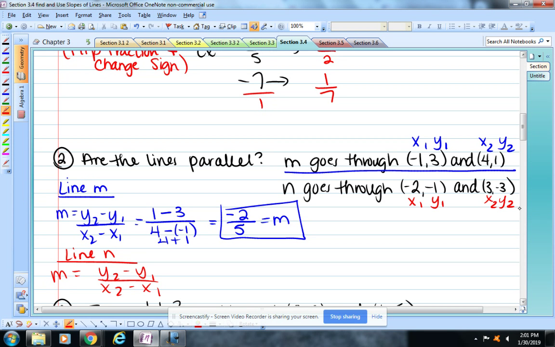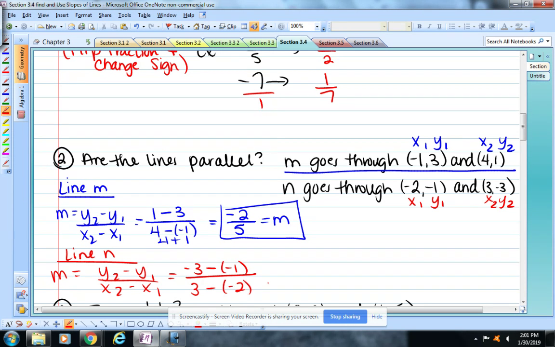All right, and I'm going to one at a time put those into my formula. What number is my Y2 number for line N? -3 minus, what is Y1? All right, I'm going to get my double negatives later. And then what is X2? Minus -2.